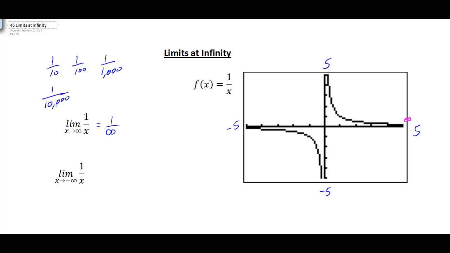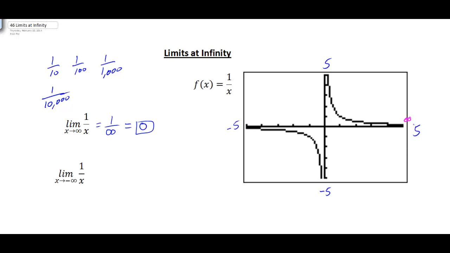As this denominator gets bigger and bigger, what's happening to your number? Your number is getting extremely small. So if we have 1 over a really large number like infinity, then that tells us our limit is going to approach 0.